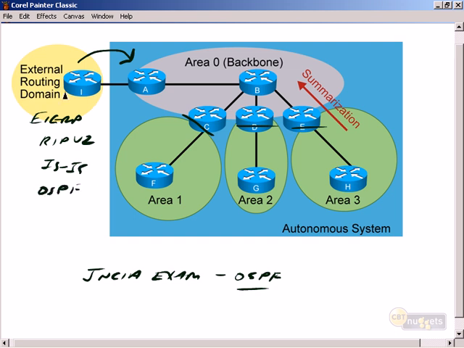We can distribute routing information from one domain to another, or from one autonomous system to another, so that they can learn about routes that are external to their own autonomous system. And that's what you're going to have to master as you move forward in your path to the JNCIE, the JNCI expert, right? But we've got a long way to go before that.